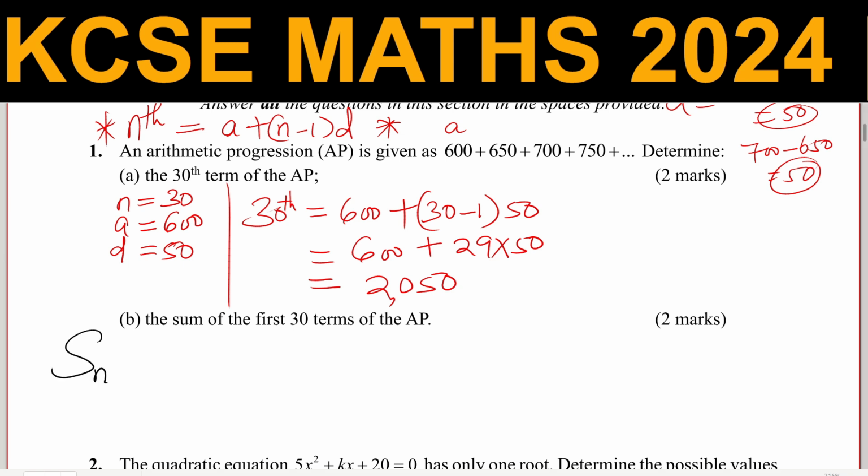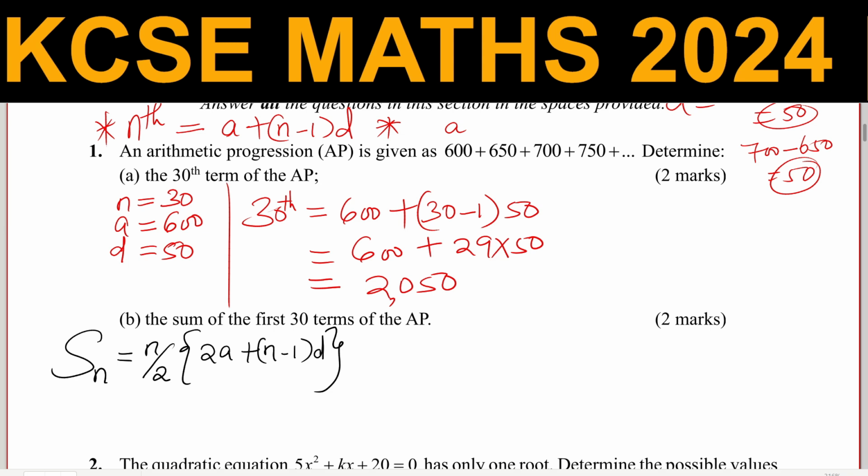Like in this case, we want to get the sum of the first 30 terms. So this will be given by this formula: n divided by 2 into brackets 2a plus (n minus 1) d. So this is the formula for getting the sum of a given number of terms of an AP.